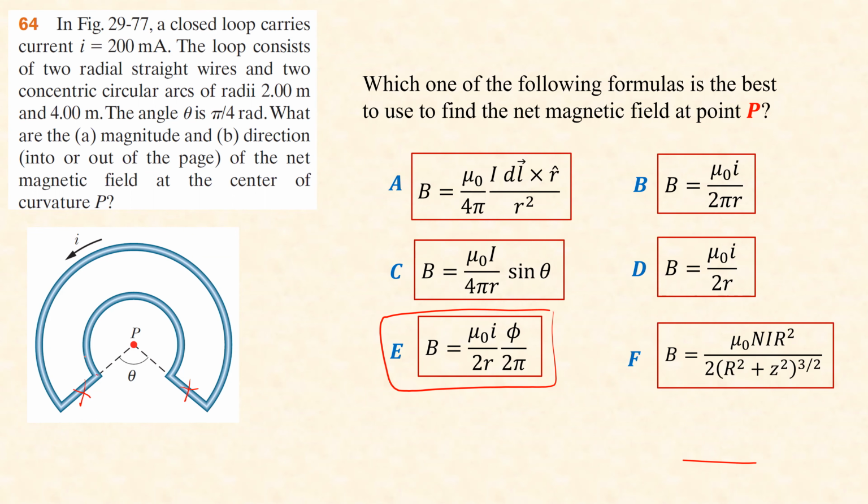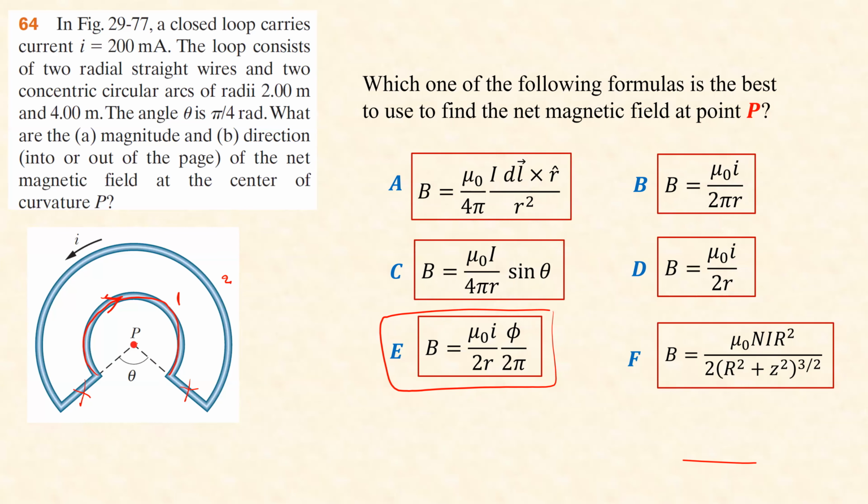We have two pieces. What is phi? What is r for that piece? Let me call this piece number 1. This is number 2. So this creates B1 and B2. Which direction is B1? The current of 1 is in this direction.